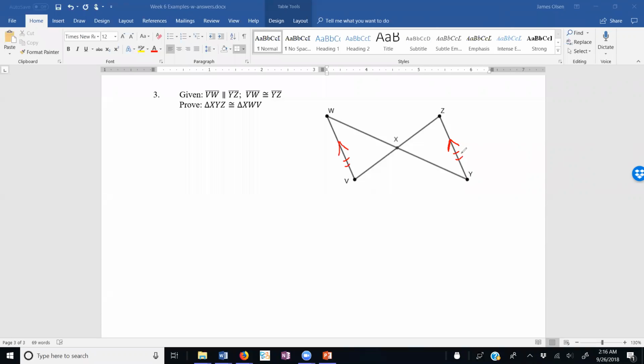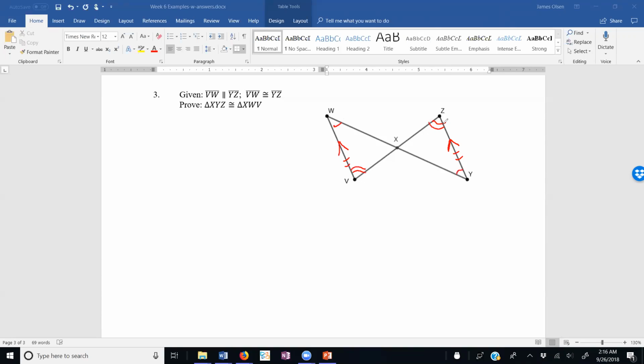Well, if we take a look at our parallel lines, this angle here at W is congruent to this angle at Y because they're alternate interior angles. You might need to turn your paper a little bit to see that. This angle at V is going to be congruent to this angle at Z for the same reason, alternate interior angles.